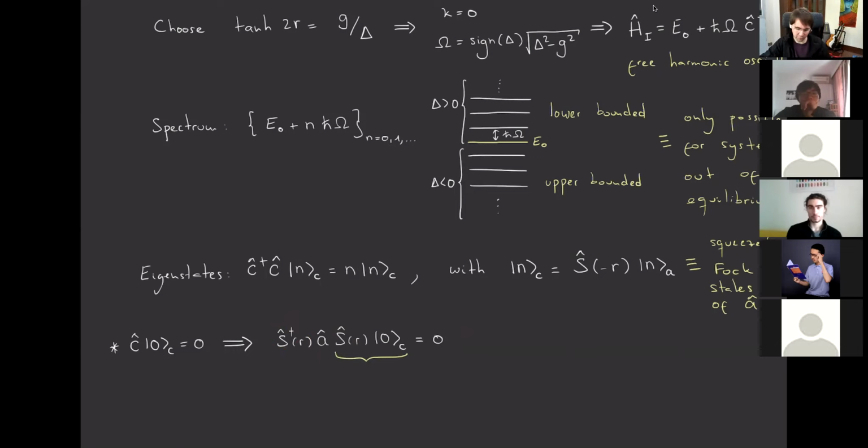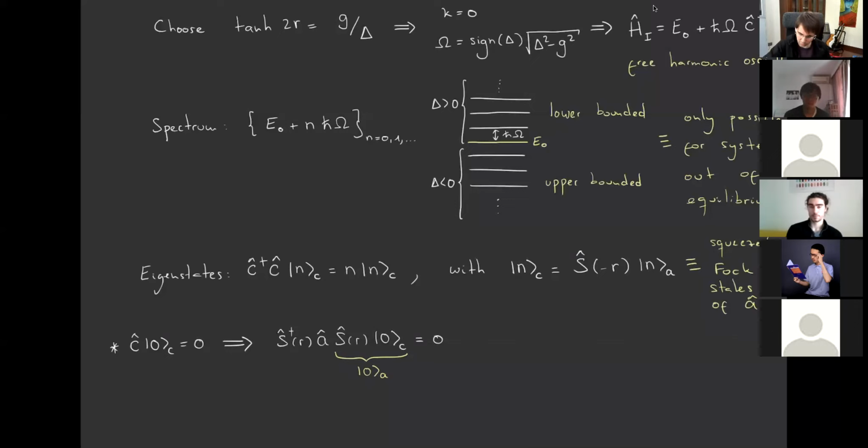Then you remove this one, and then what you get is that A acting on this state is equal to 0. But that means that this state in here is by definition the vacuum state of the A operator, okay? Because that's the definition of the vacuum state of the A operator, the state that is annihilated by it.